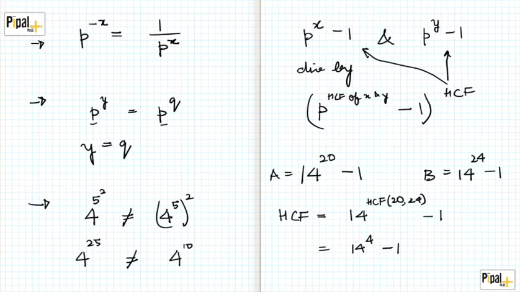Let's move on to surds. Now surds can be simply defined as irrational roots of rational numbers.